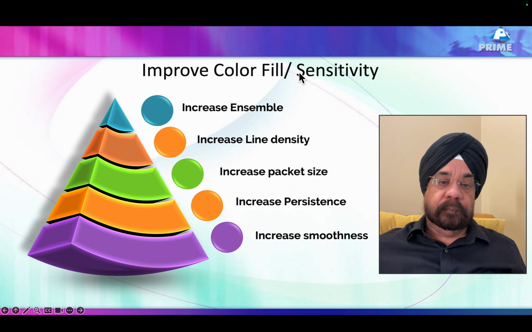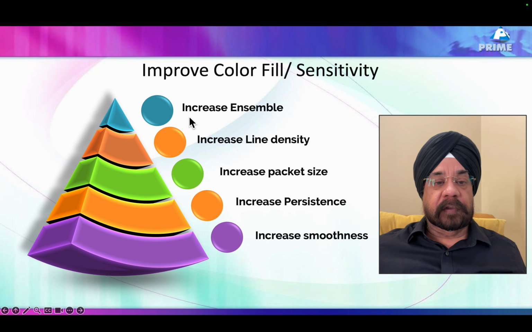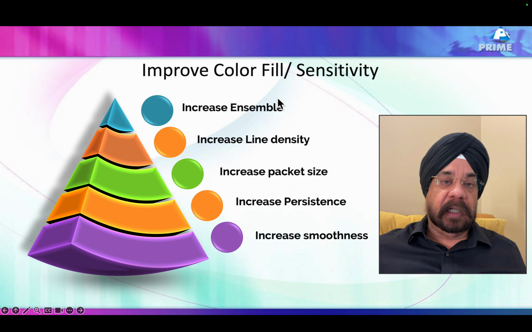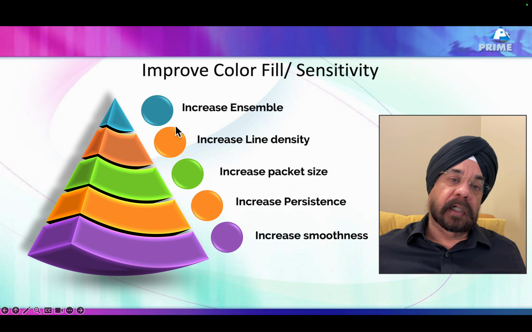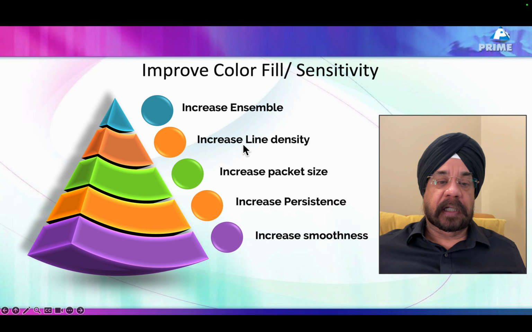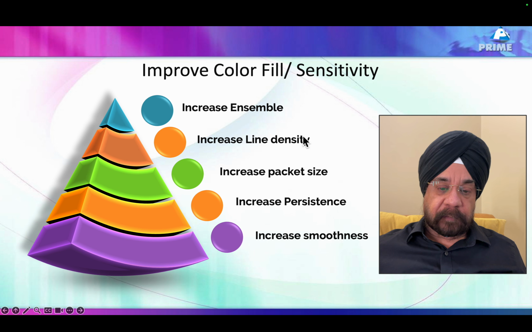There are more ways of improving color Doppler sensitivity and improving the fill, but I don't think I would go into detail. Maybe I'll post another talk on how to optimize an equipment for color Doppler, adult cardiology, fetal echo, or peripheral vascular Doppler.